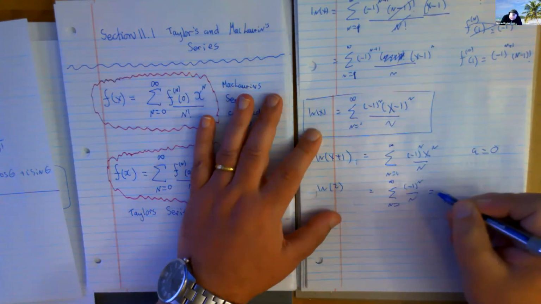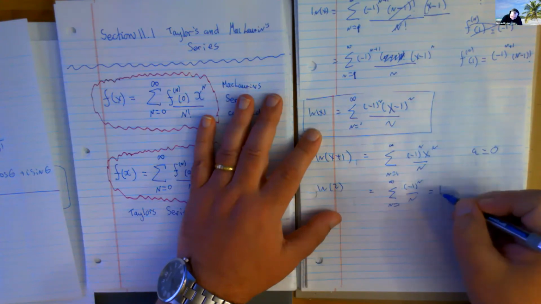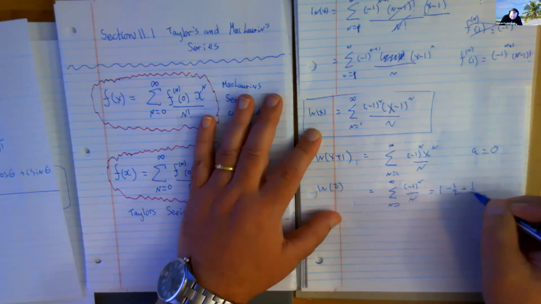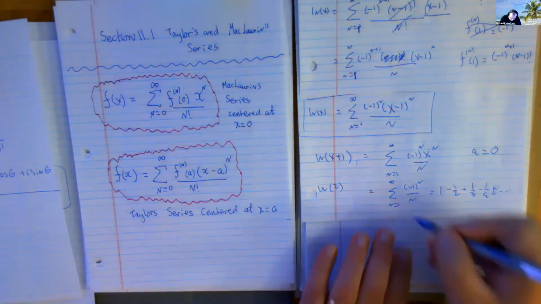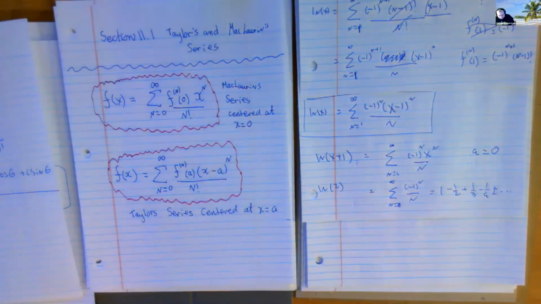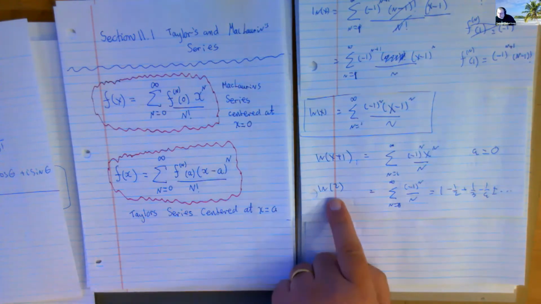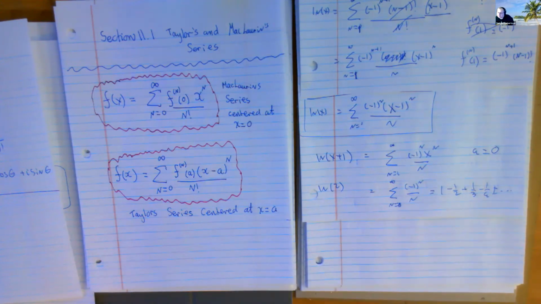If you write this power series down, actually this one you can start with a 0. Do you see the alternating harmonic series? I think that's pretty cool.